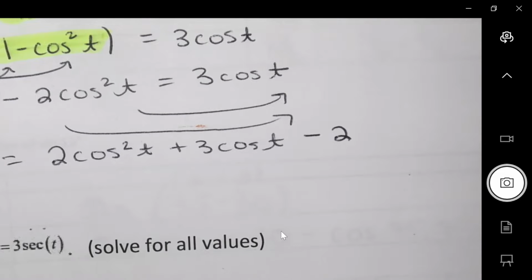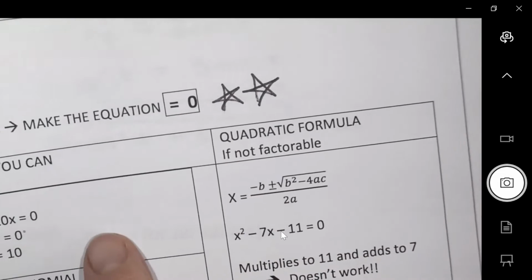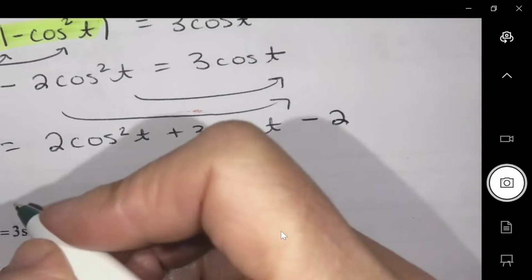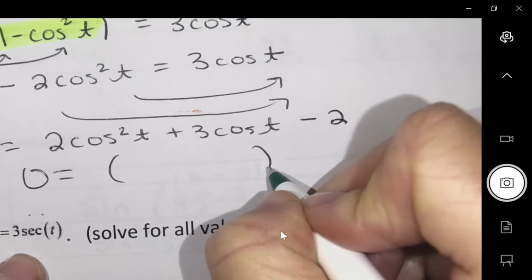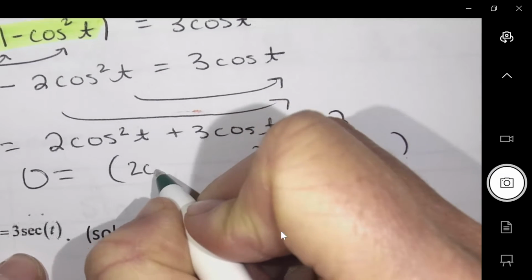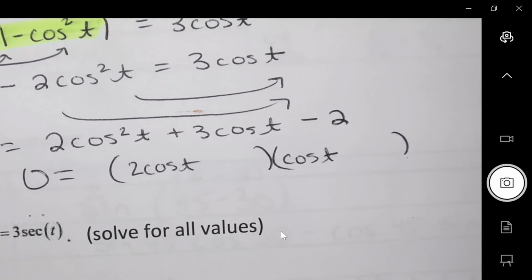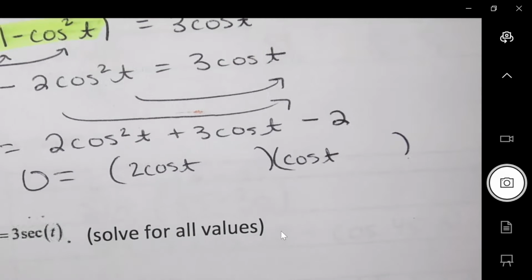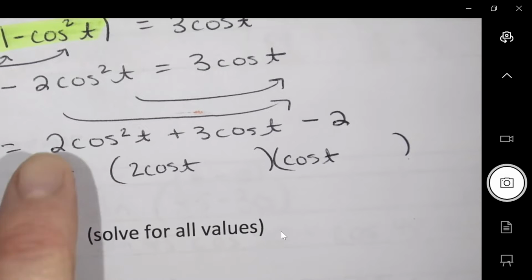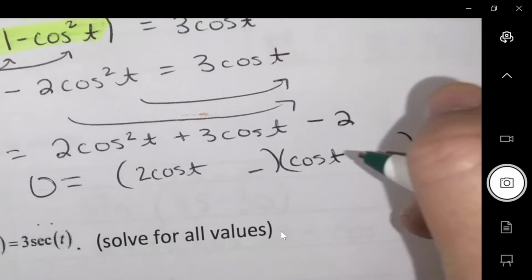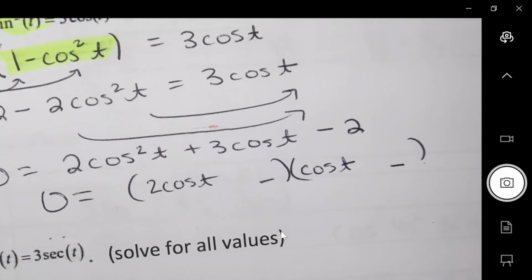The next would be, after we have a 0, can you factor it? That's my next question. So I'm going to try with a 2 cos and a 1 cos. So that's how to get that. Does it work if I put a 1 and a 2 or a 2 and a 1?